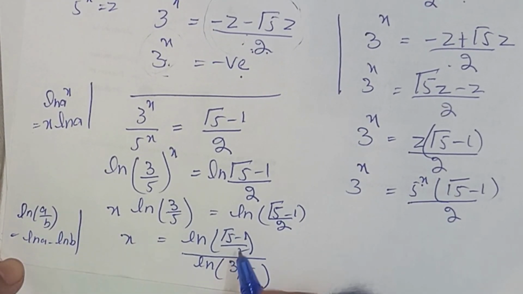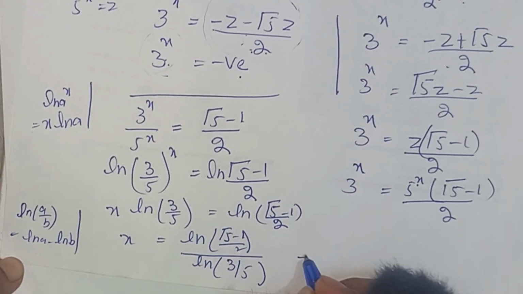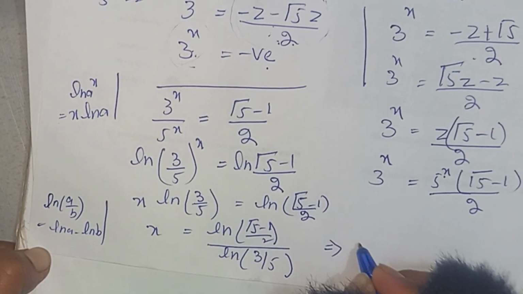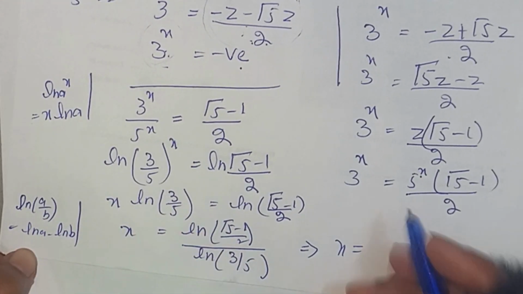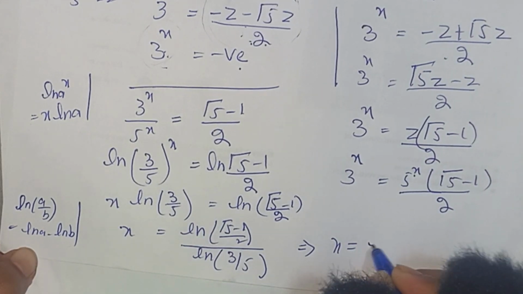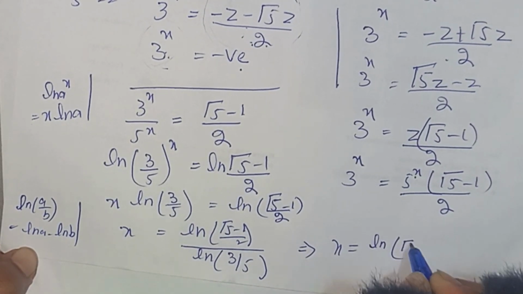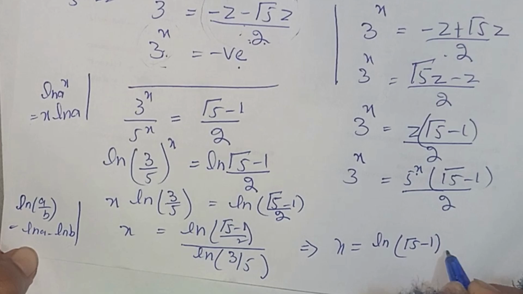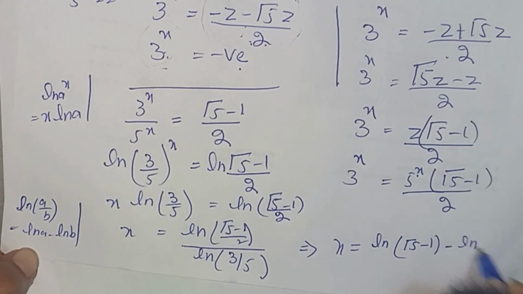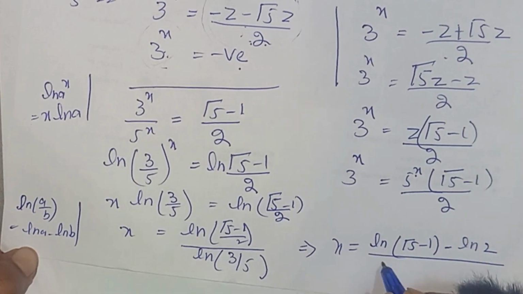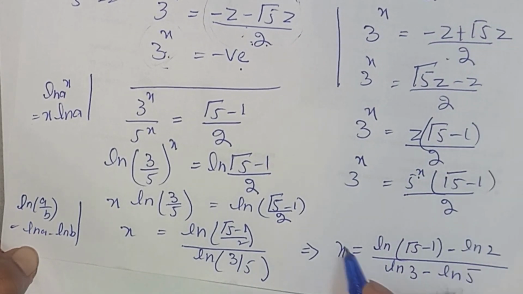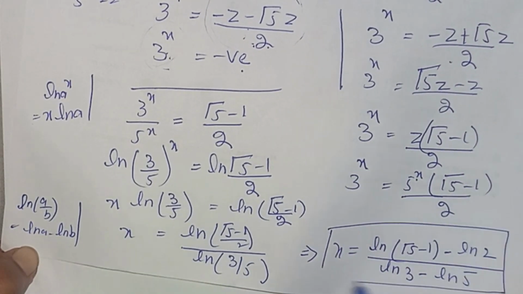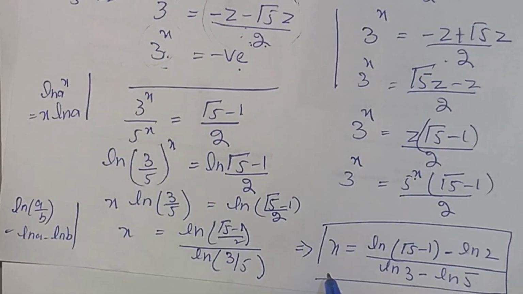We apply this property to the numerator and denominator, so x is equal to (ln(square root 5 minus 1) minus ln 2) over (ln 3 minus ln 5). So this is the value of x that satisfies our equation, and we are done. Thank you.